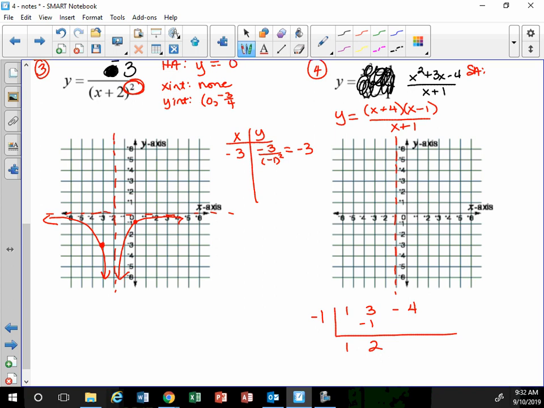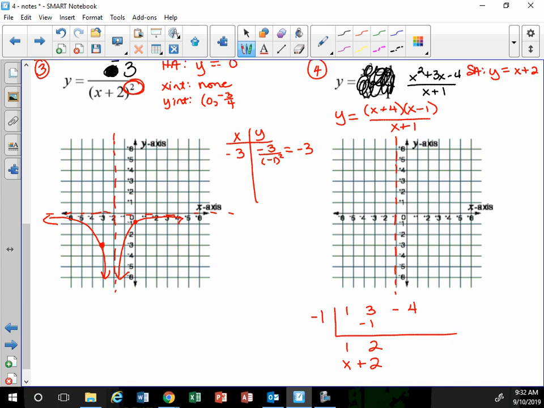But we do not care about the remainder when we are finding a slant asymptote. You're never going to graph a remainder. It's basically insignificant as to what the asymptote looks like. So all I care about is this x plus 2. That is the equation of my slant asymptote. Y equals x plus 2.